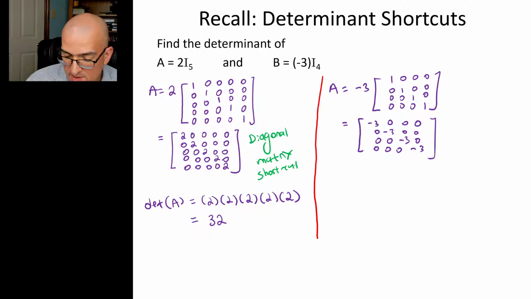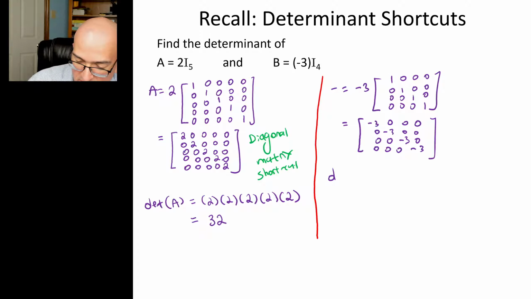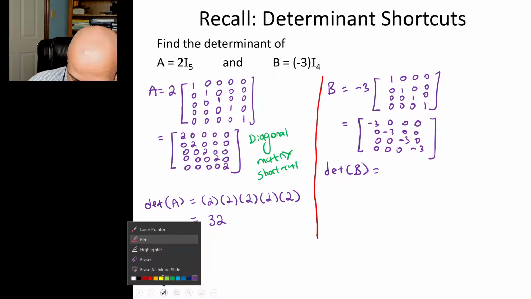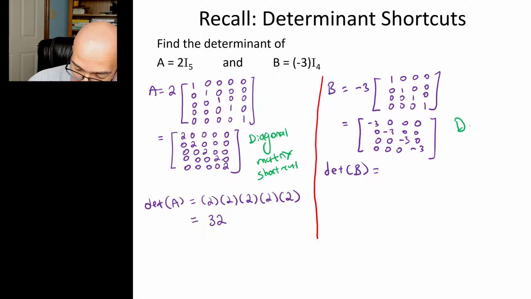Okay, now we can take the determinant. Oh, this is B, I called it A. Be consistent with the names. So the determinant of B, wow, I'm having trouble writing today. It's also a diagonal matrix.